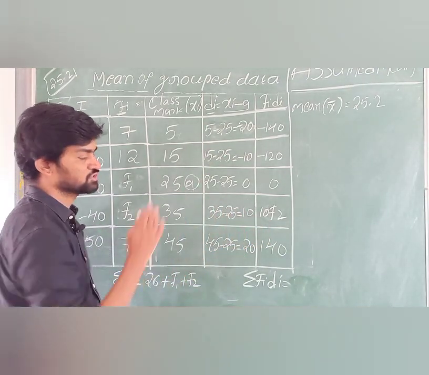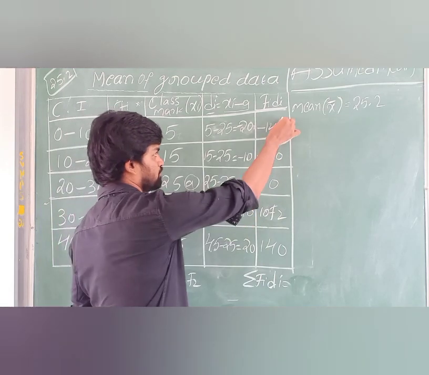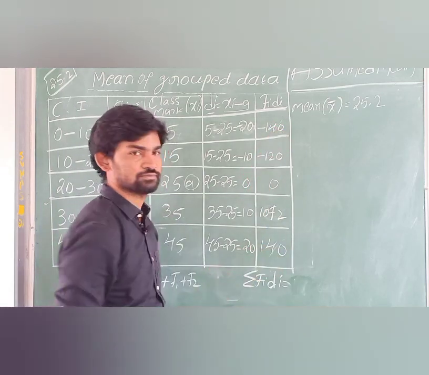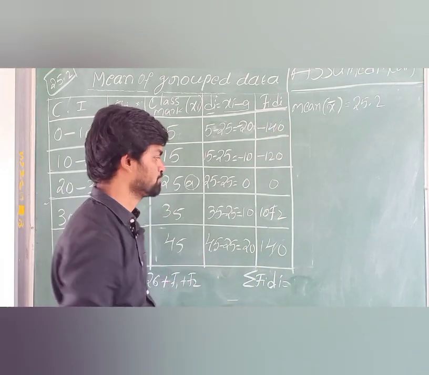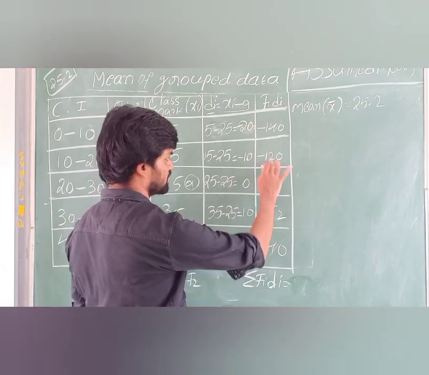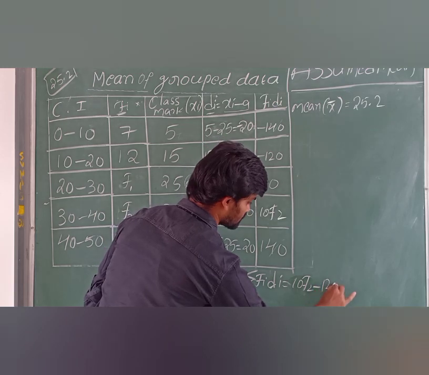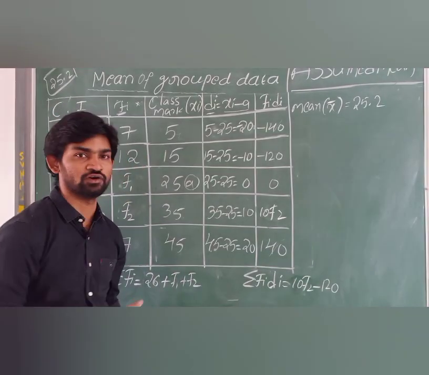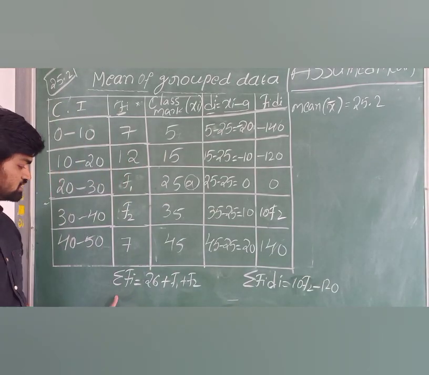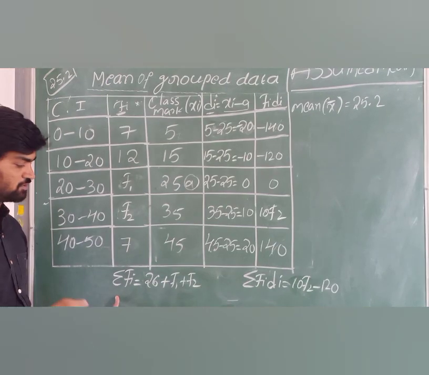Now we have to check. See here, plus 140 minus 140 gets cancelled. Now what remains is 10f2 minus 120. This is the data we got. Now sigma fi we already have. How much is that?